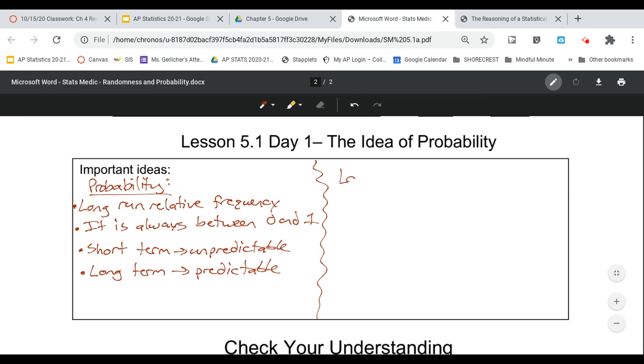Okay, and then the other thing we talked about was the law of large numbers, and let's write it down officially.